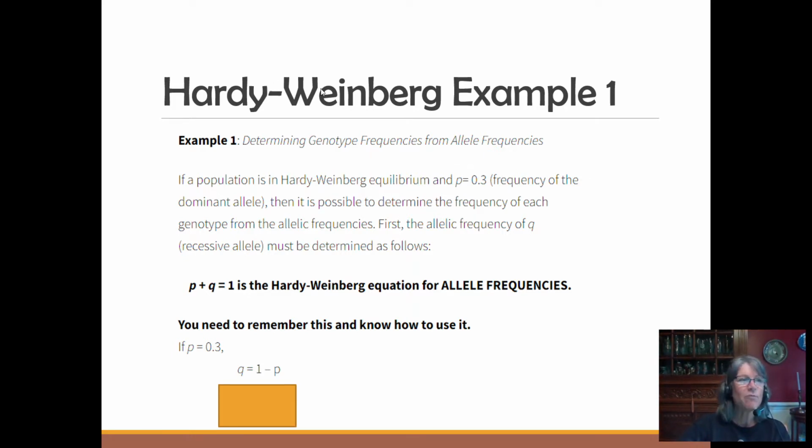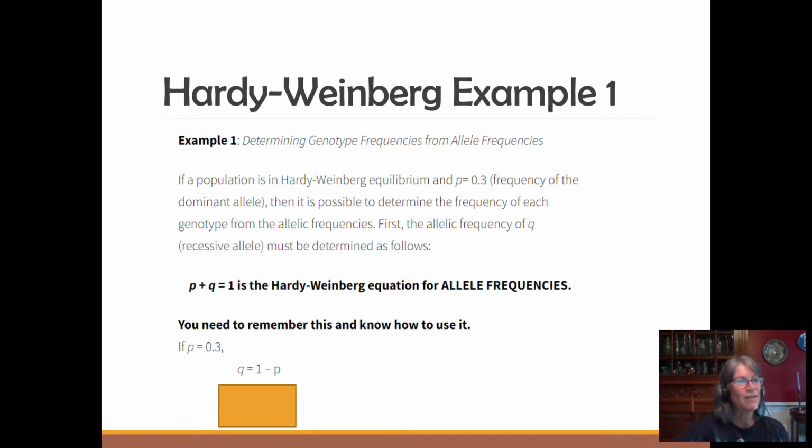Determine the genotype frequencies from the following allele frequencies. You're given a population that is in Hardy-Weinberg equilibrium, and p, the frequency of the dominant allele, is 0.3. If I know this, I can figure out the allele frequency, the proportion of the recessive allele in this population, represented by q.